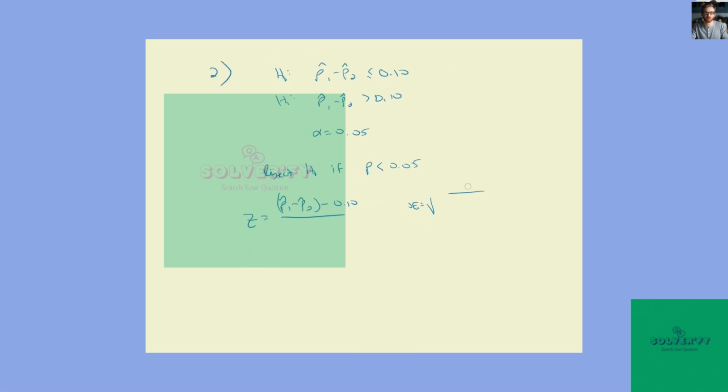The pooled proportion would be 75 times 0.29 plus 125 times 0.045 over 75 plus 125, which is 0.136875.